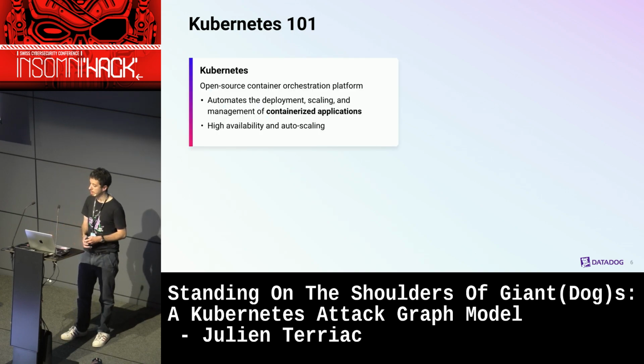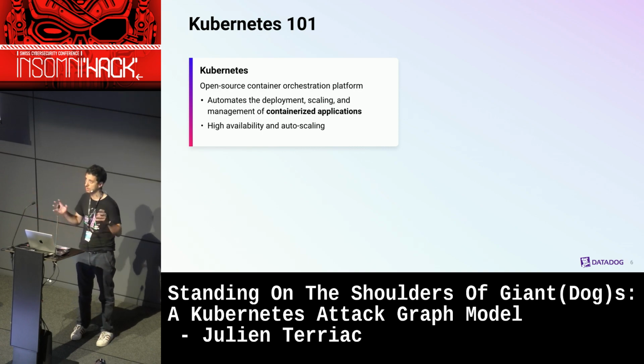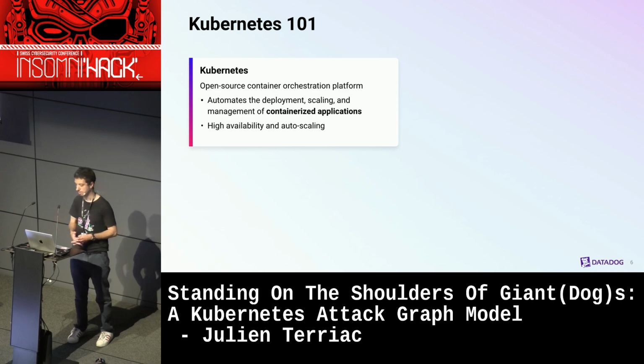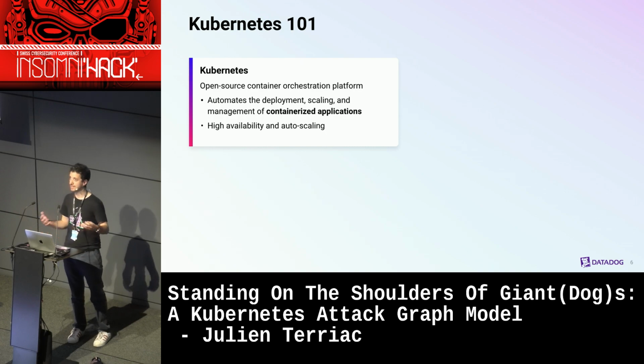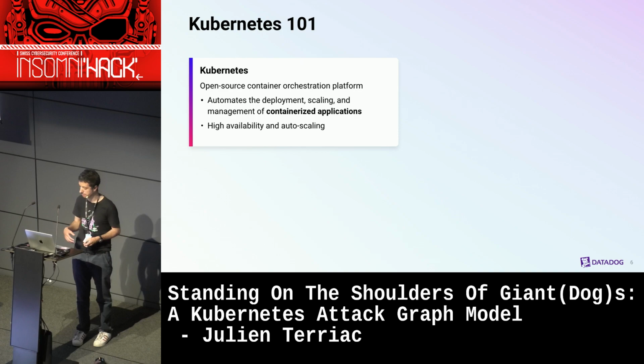So first, Kubernetes cluster. Kubernetes is a pretty new technology around containers, which have been around for quite a long time. It basically allows for high scaling capabilities and also helps ship containers.